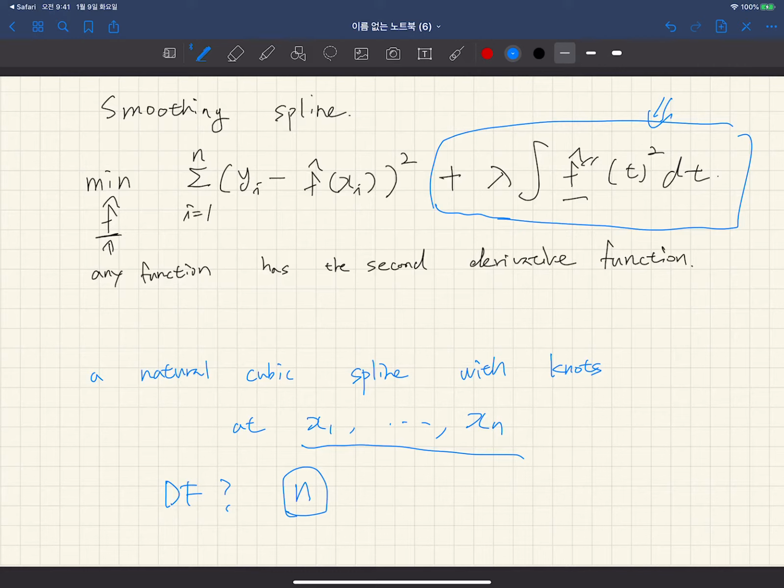When you have the same degree of freedom as the number of your training data points, which basically implies that you can perfectly fit any input-output pair.